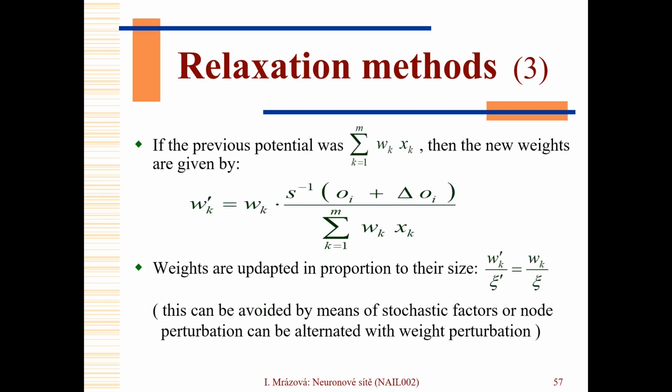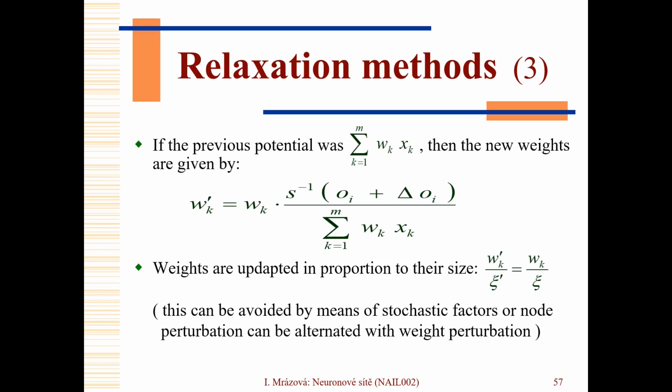So in the case of weight adjustment, when the previous potential value was the sum of weighted inputs Wk times Xk, the new weights could be computed based on the original weights Wk multiplied by the ratio of the new potential value to the original potential value.